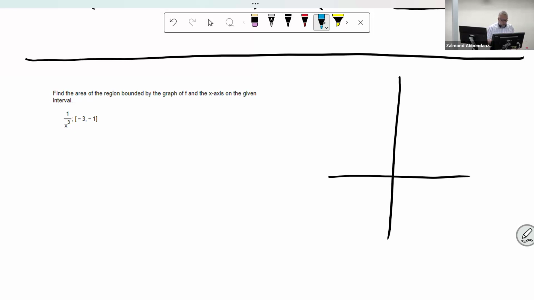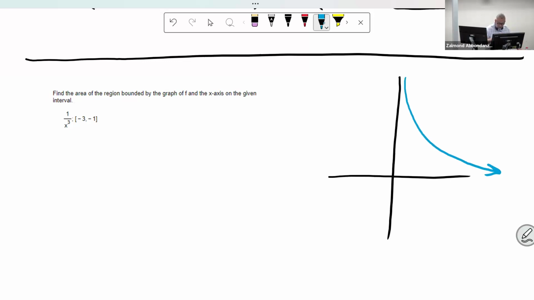So this is one over x cubed. What does that look like? We have a vertical asymptote at zero, so as x approaches zero from the right, it's getting larger and larger, approaching infinity. And as x approaches infinity, it goes down and approaches zero. So the function looks basically like this.